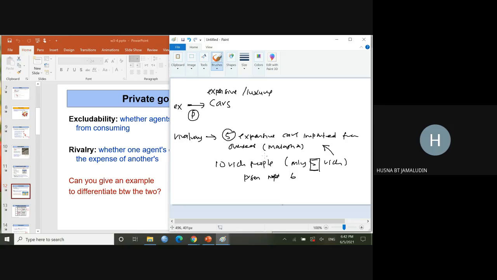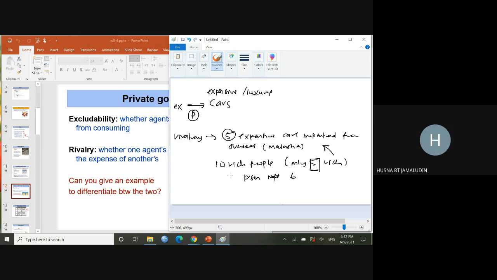Once they have consumed 5 luxury cars, persons number 6, 7, 8, 9, 10 cannot purchase this car anymore because it is a very limited edition. So this is the extreme example, that your consumption of this car is at the expense of others. If you didn't purchase this car, other people could purchase it, but because you have purchased it, they cannot anymore, so they will feel sad because of your consumption.